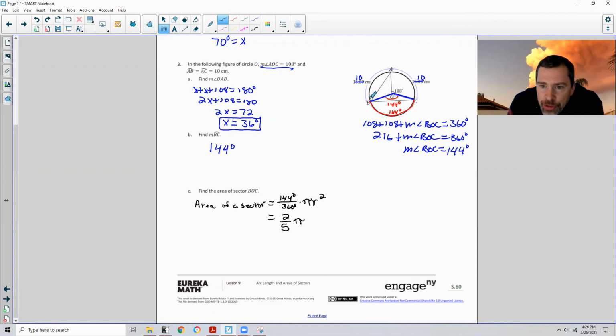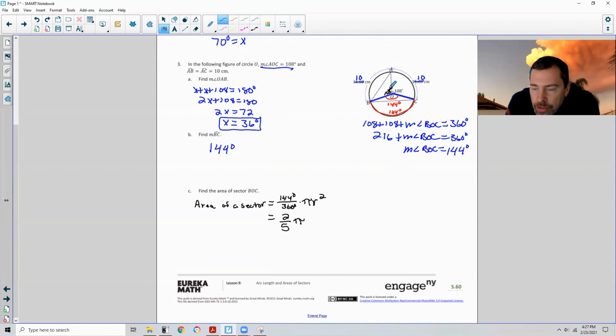So what we have to do is say, okay, this is 10 and this is 10, so that's 20. And then we have an unknown distance right here, don't we? If this is 108 degrees and this is 108 degrees, that's a total of 216 degrees representing these arc lengths up here of 10 centimeters.